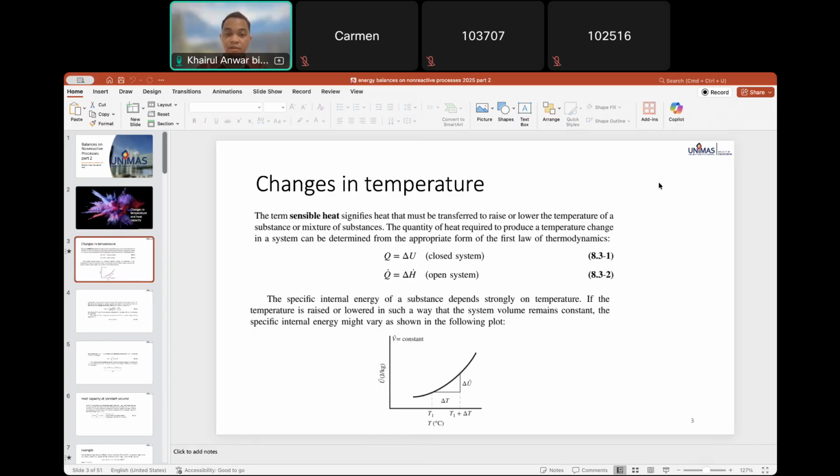So we have Q equal to delta U. Delta U refers to internal energy. Delta H is the enthalpy. So the specific internal energy of a substance depends strongly on temperature.